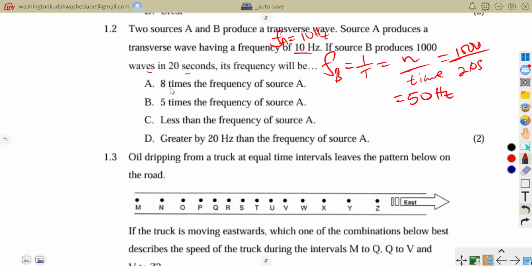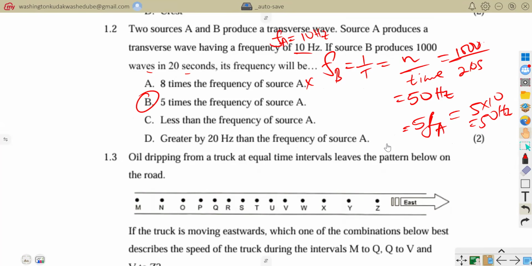Option A says frequency of B is 8 times the frequency of A. This is wrong, because frequency of B is just 5 times the frequency of A. So our answer was going to be B, because 5 times 10 gives you 50 Hertz.